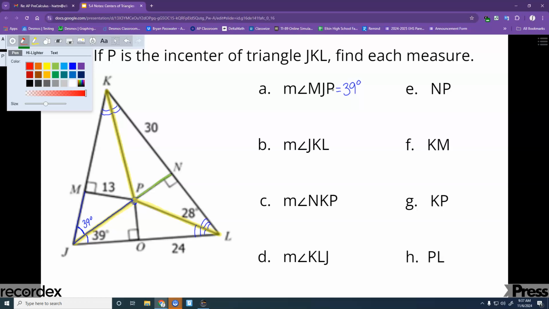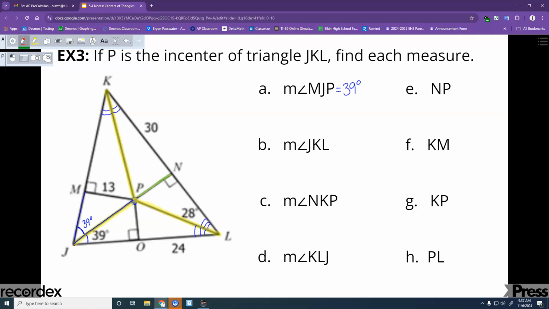Okay, let's go JKL. So JKL, this is talking about this whole angle right here, right? JKL. Now this is a little harder to find. In fact, it'll be a little easier if we skip down here.